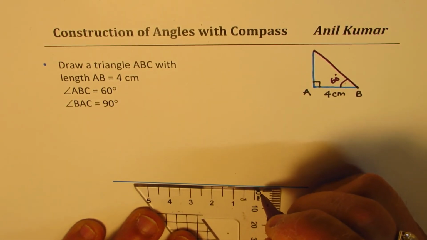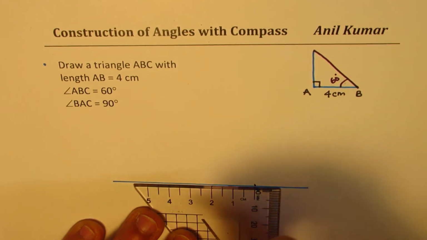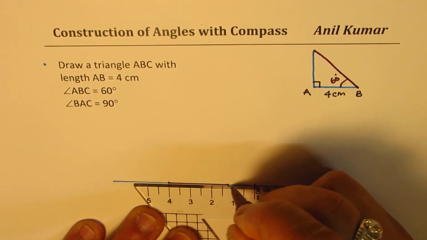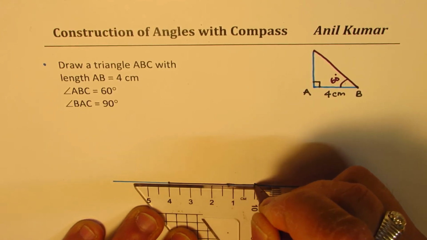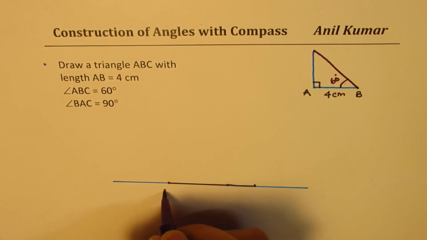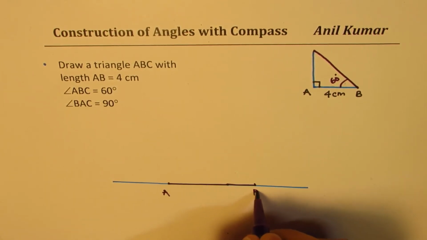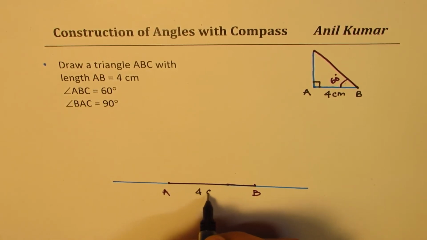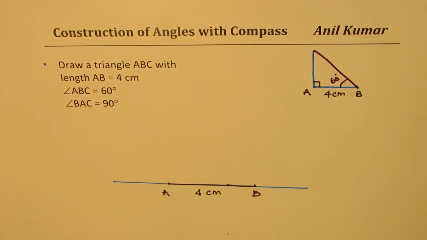So let's say this is our 0 and that is our 4. So we join this 0 and 4. This compass is not very good, but anyway, we just got a line, right? So that makes point A, and this is point B for us, and the distance between them we just measured was 4 centimeters.